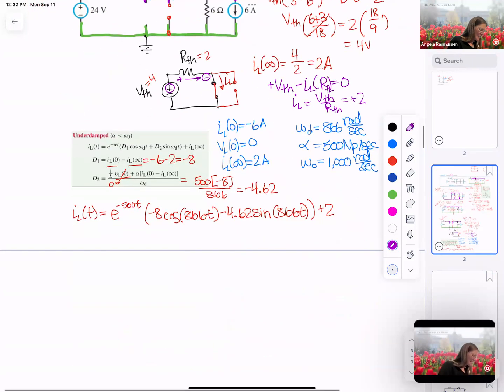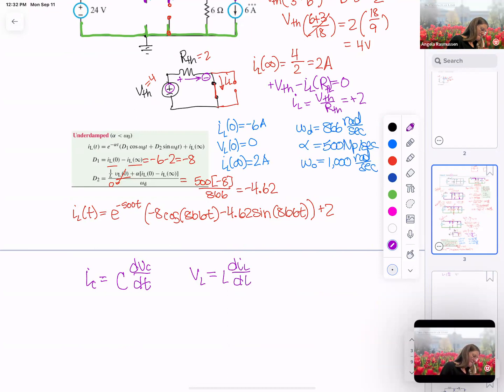So IC is equal to what? Correct. And then we know that VL is, and the voltage, because they're in parallel, are equal. VL equals VC.